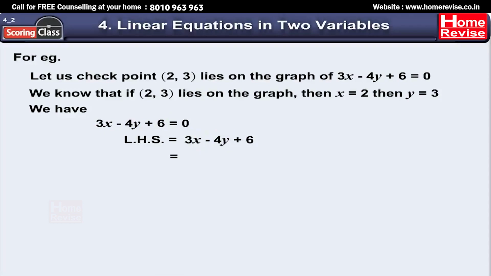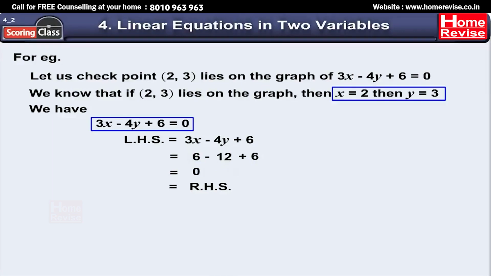So, we get 3 into 2 minus 4 into 3 plus 6, which is equal to 6 minus 12 plus 6, which is equal to 12 minus 12, which is equal to 0, which is equal to RHS.